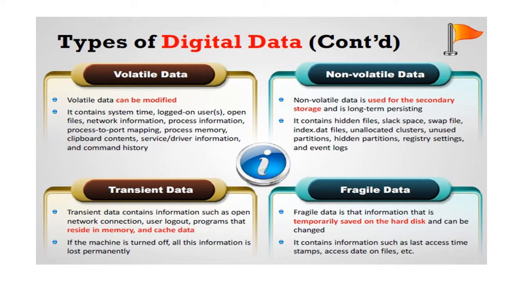We also have what we call fragile data. So fragile data is that information that is temporarily saved on the hard disk and can be changed.